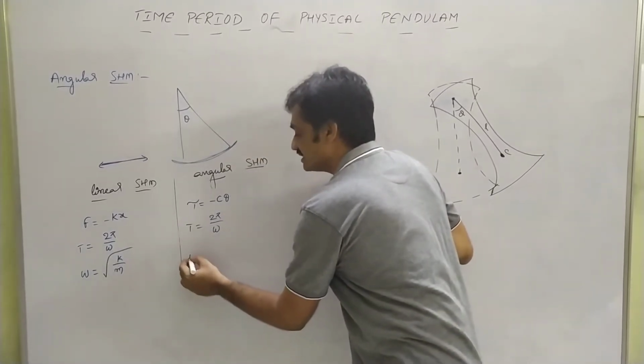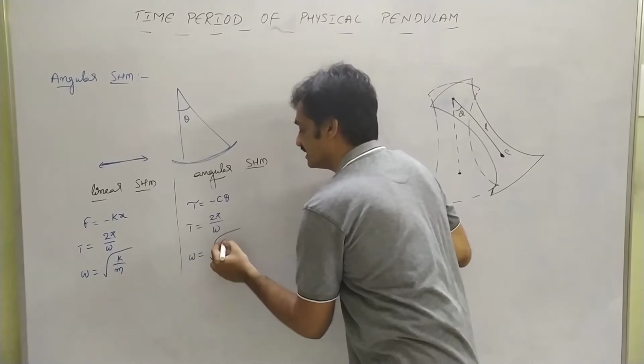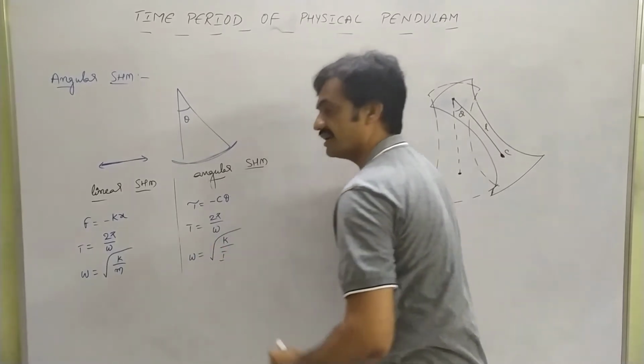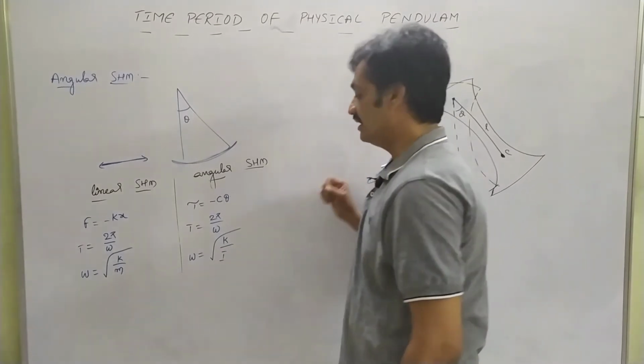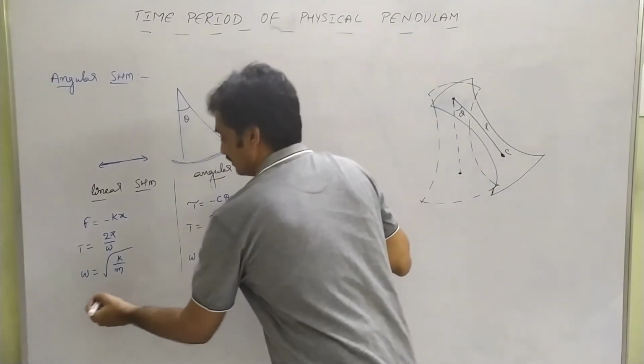In the case of angular SHM, omega can be represented as root of K by I, where I is the moment of inertia of the body when it is oscillating.